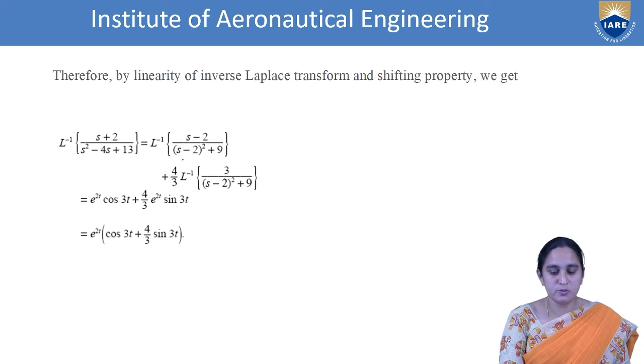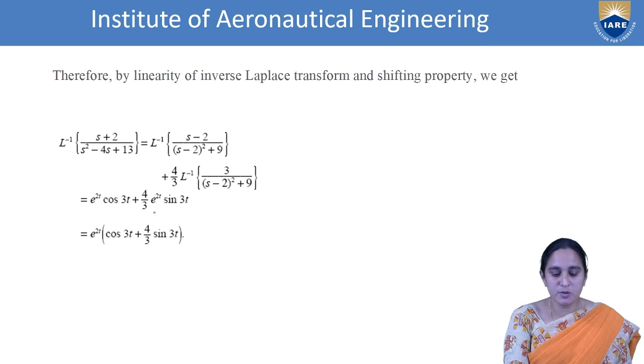This is equal to, the first part is in the form of s by s square plus a square. First I am applying the shifting property. Here a means 2, that is e power 2t into cos 3t, plus 4 by 3 into e power 2t into the remaining a by s square plus a square, and that formula is sine 3t.